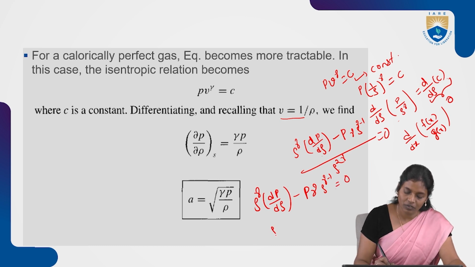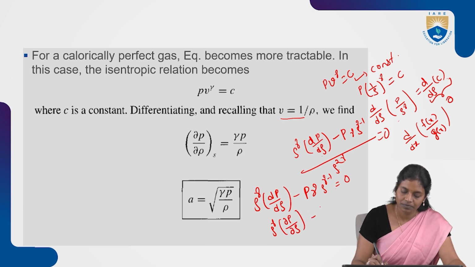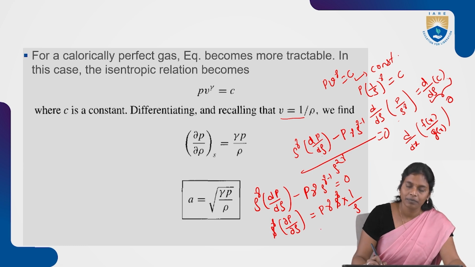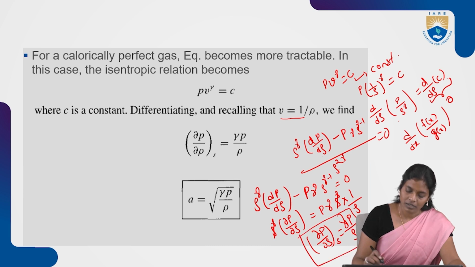So from here, what we can write for rho gamma dou p by dou rho of s condition equal to P into gamma rho gamma into 1 by rho, right? So for this one, rho gamma will get cancelled out. So dou p by dou rho of s equal to gamma p by rho, right?